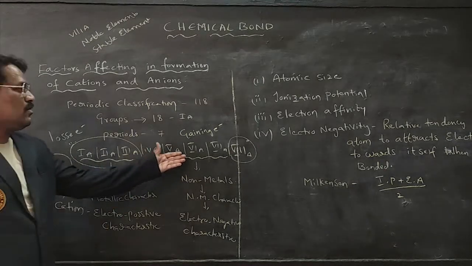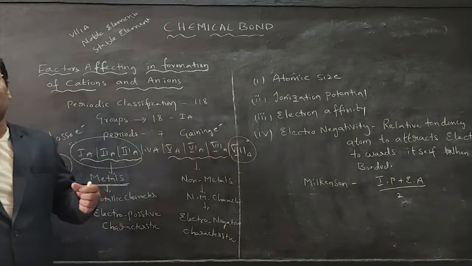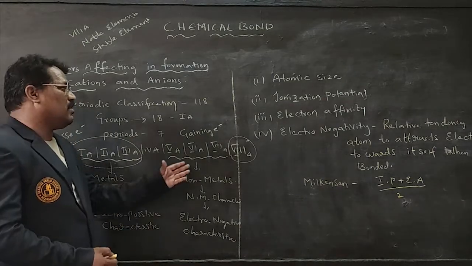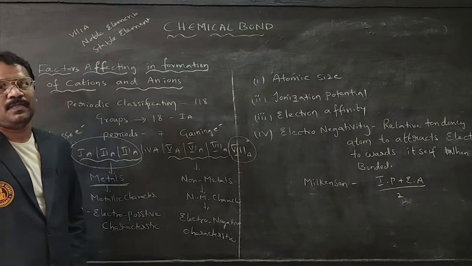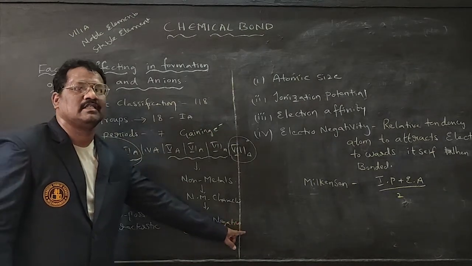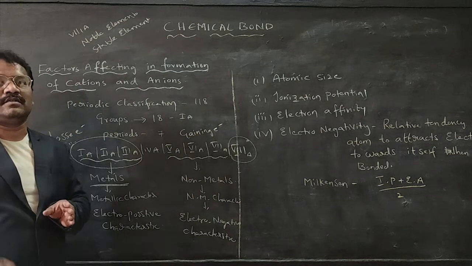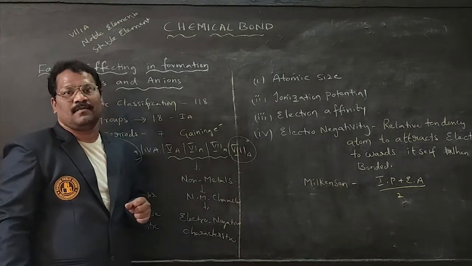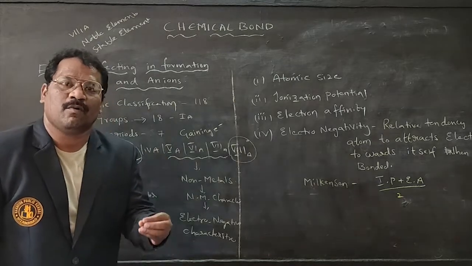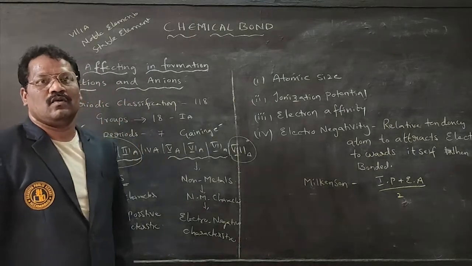elements. Coming to non-metals, fifth A group, sixth A group and seventh A group elements: as they gain electrons, their electronegativity is high, with more numbers of electrons. If electronegativity is very high, obviously electropositivity will be low.